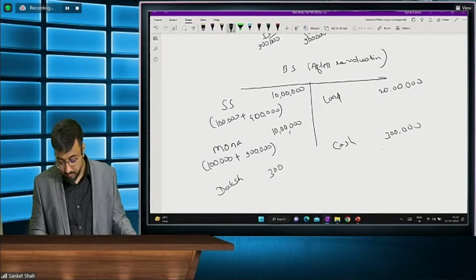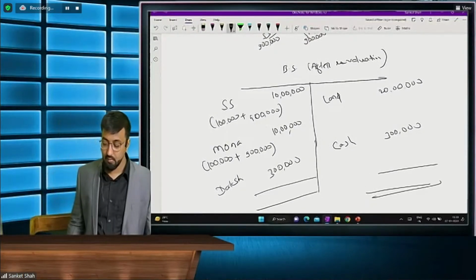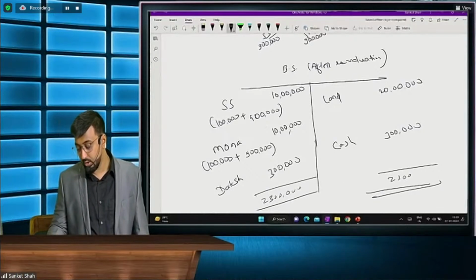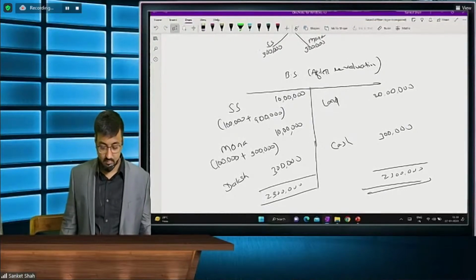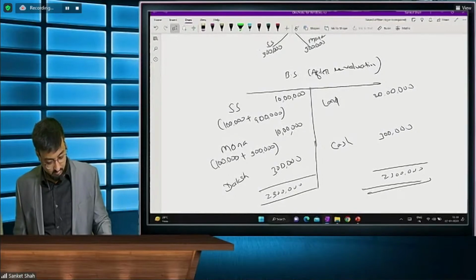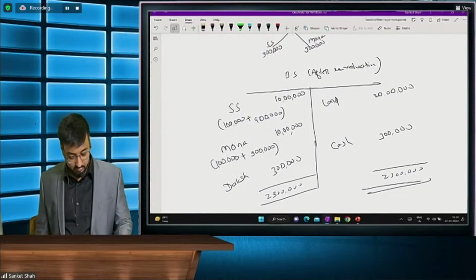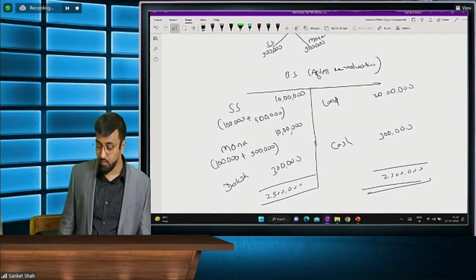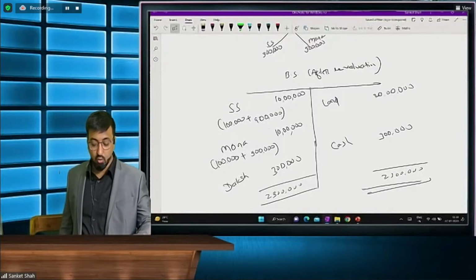Daksh 3 lakhs. 23 lakhs. 23 lakhs. Understood beta? Balance sheet after revaluation over.